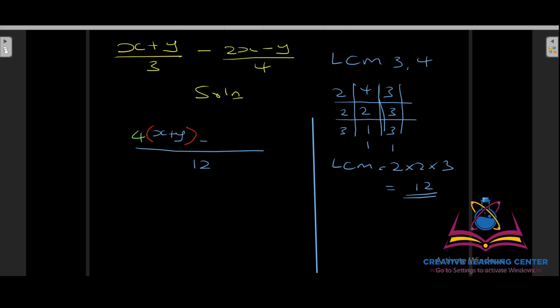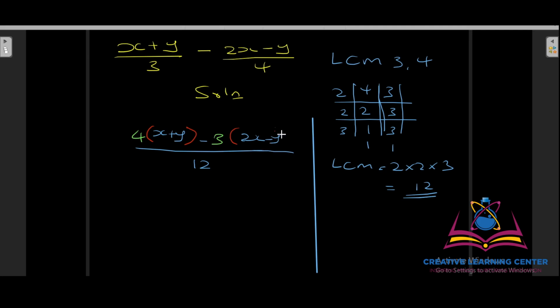So I will have a 3 before the bracket. Then inside the bracket, I will have 2x minus y. Then I close my bracket.